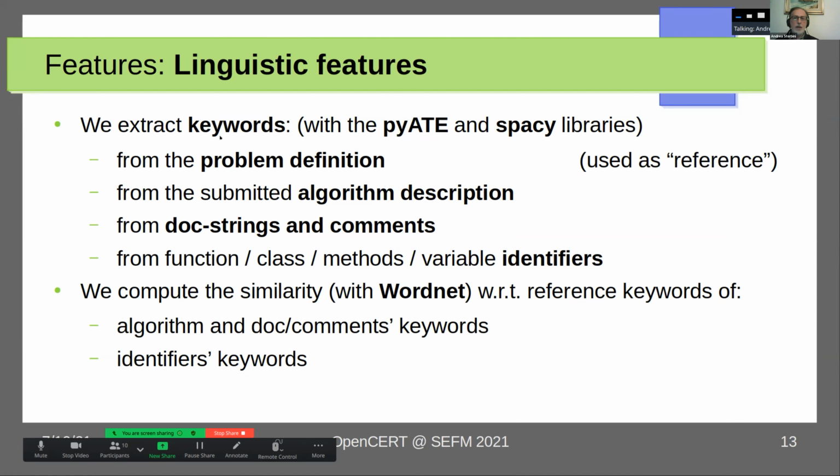With these two, we extract keywords from 4 sources. The problem definition written by the teacher to explain to the students what they have to do for the exercise, and this is used as the reference keywords. Then the algorithm description submitted by the student, the documentation strings and comments embedded in the submitted code, and the identifiers used for function names, class names, method names, arguments, variables, and so on.